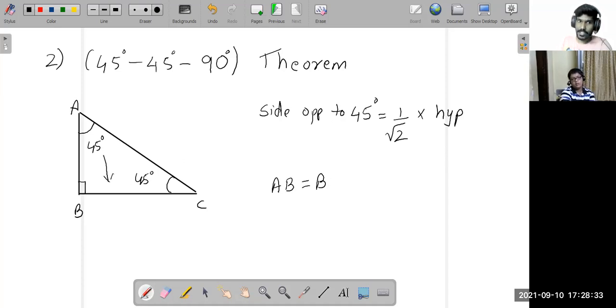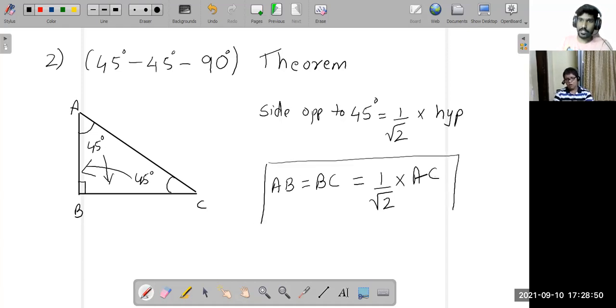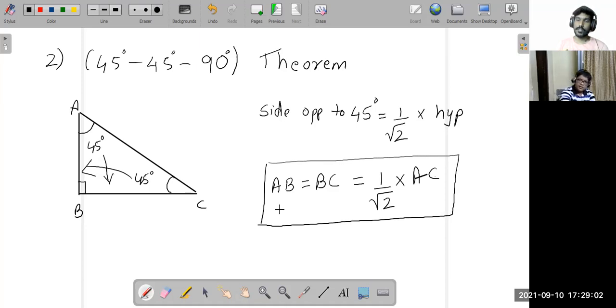One is BC, the other one is AB. So both AB and BC will be equal to each other and both their lengths will be 1 upon root 2 times the hypotenuse, that is AC. So this is the 45, 45, 90 degree theorem, which says the side opposite to 45 degrees is 1 upon root 2 times the hypotenuse. Understood? Yes, sir. Write it down.